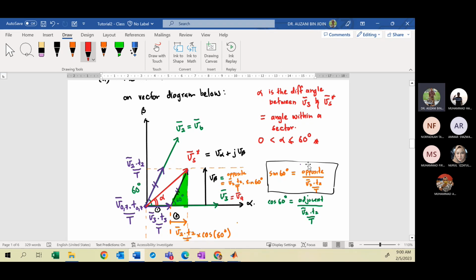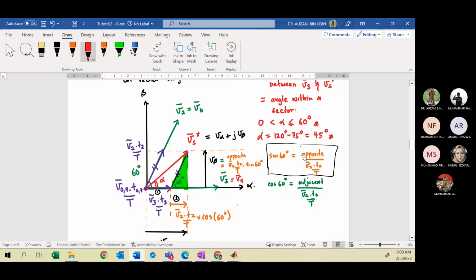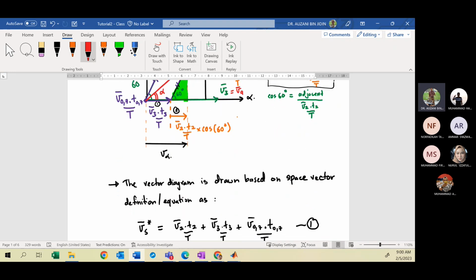In this case, what is the value of alpha you get? Alpha is 120 degrees, subtract with the 75 degrees, then you get 45 degrees. So from here, you can calculate V alpha and V beta.